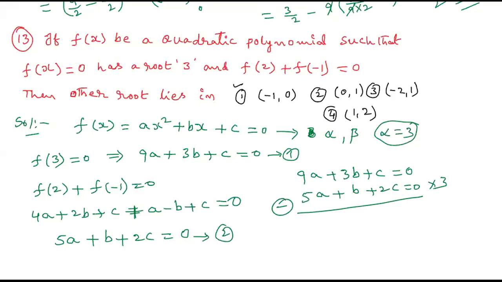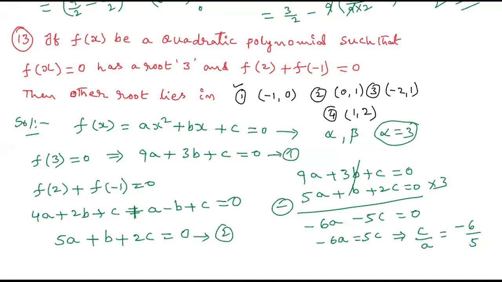So what we get? 3 fives are 15, 9 minus 15, that is minus 6a. These two b terms are going to cancel. 3 twos are 6, we get minus 5c is equal to 0. Here minus 6a minus 5c is equal to 0, minus 6a is equal to 5c. So c by a is equal to minus 6 divided by 5.